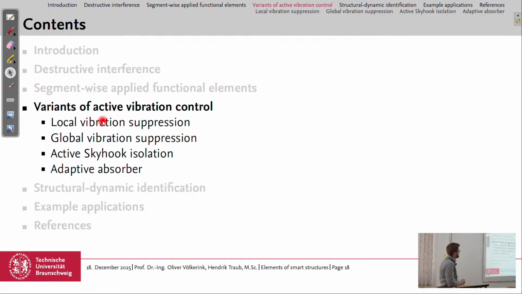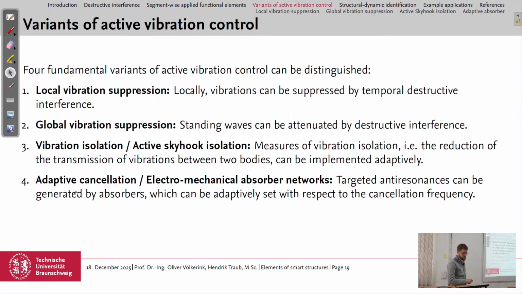So now coming back to the local and global vibration suppression and two other measures in terms of smart structures. We have four fundamental variants. Two we already had a look at: the local vibration suppression, which locally suppresses vibration by temporal destructive interference, so only at one point the structure is calmed down.